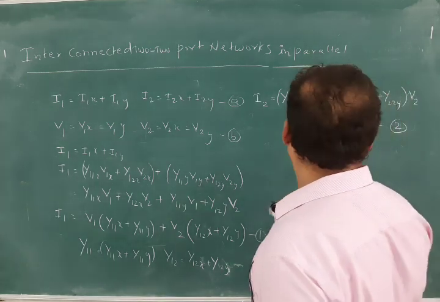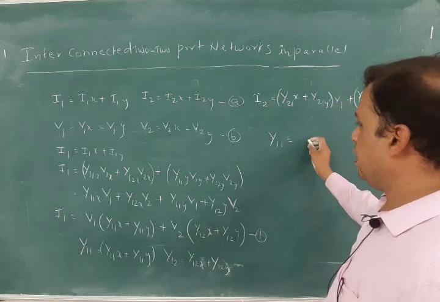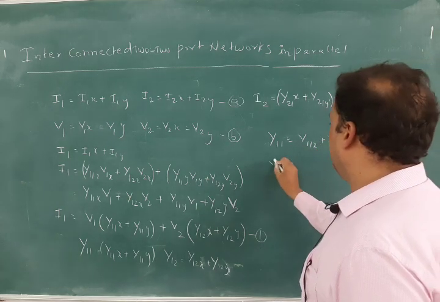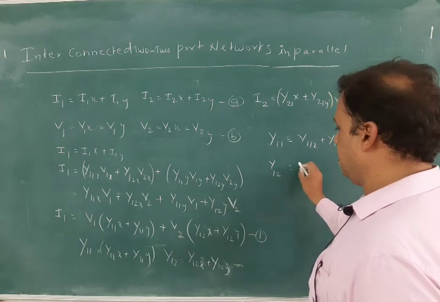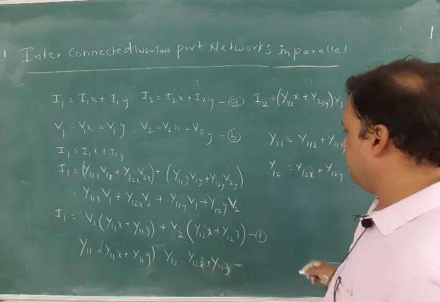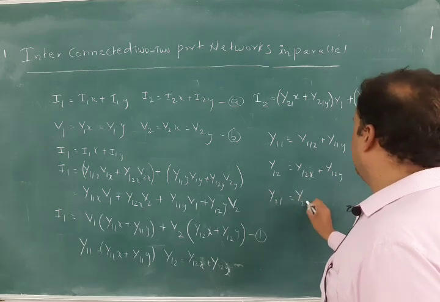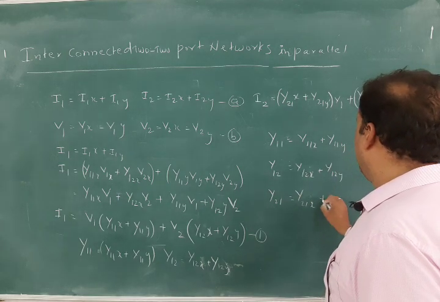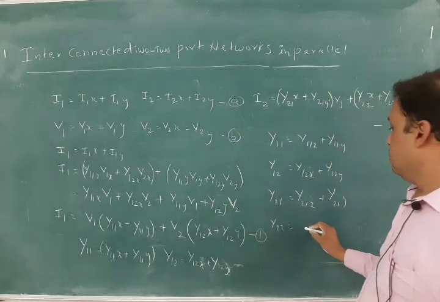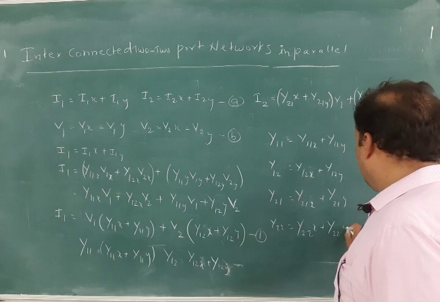Now we will compare with the standard equations. As you know, Y11 is equal to Y11 of x plus Y11 of y, and Y12 is equal to Y12 of x plus Y12 of y, and Y21 is equal to Y21 of x plus Y21 of y, and Y22 is equal to Y22 of x plus Y22 of y.